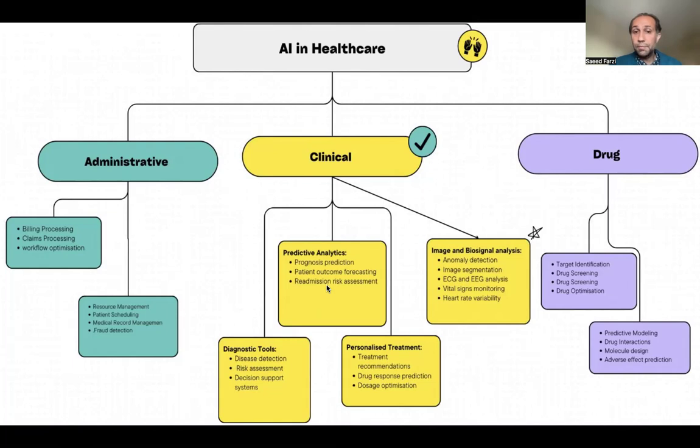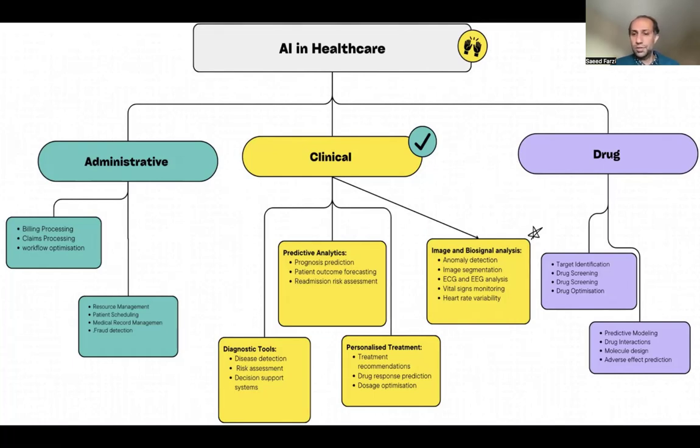Predictive analytics, prognosis prediction, patient outcome forecasting for hospitals, risk management, personalized treatment. This is very famous. Treatment recommendation, dosage optimization. And the last subclass, but not the least, of course, is image and biosignal analysis.